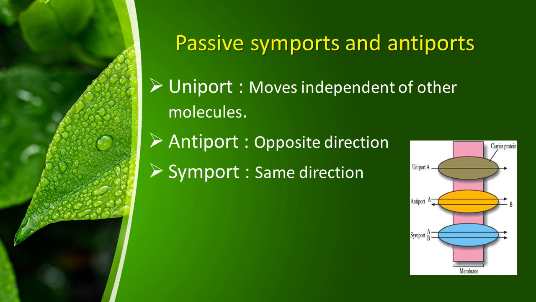That means if A moves in one direction, B also moves in the same direction. So in these three ways the molecule moves. Uni means in a single way, independent. Anti means in an opposite direction. Sym means in a similar way, same direction.